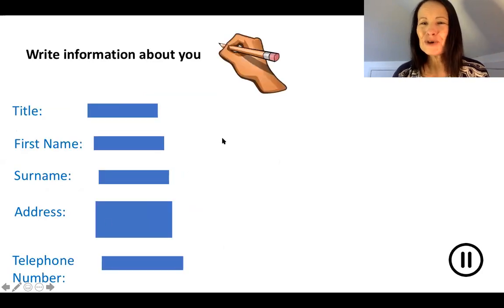Okay, now it's your turn to do some writing on your paper. And this is going to be information about you. Let's read the words. So, title, what's your title? So think about marriage. It could be Mr., Miss, or Mrs. Write down what's appropriate for you.